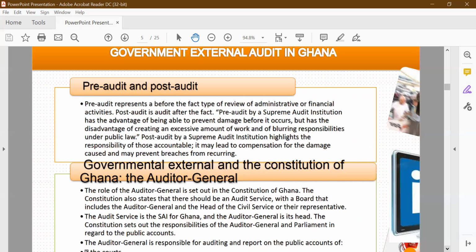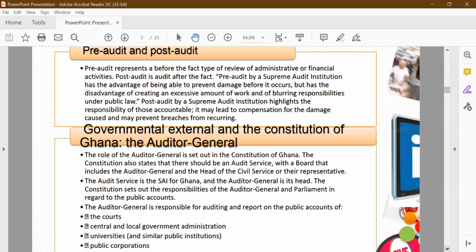It only highlights what has already happened, and it could lead to corrective actions being taken, like compensation for the damage caused, and may prevent such breaches, if that's what the findings present, from reoccurring. So what you should know is that pre-audit happens before the fact, post-audit after the fact. Pre-audit is proactive in nature, post-audits are reactive in nature. Both have their advantages and disadvantages.